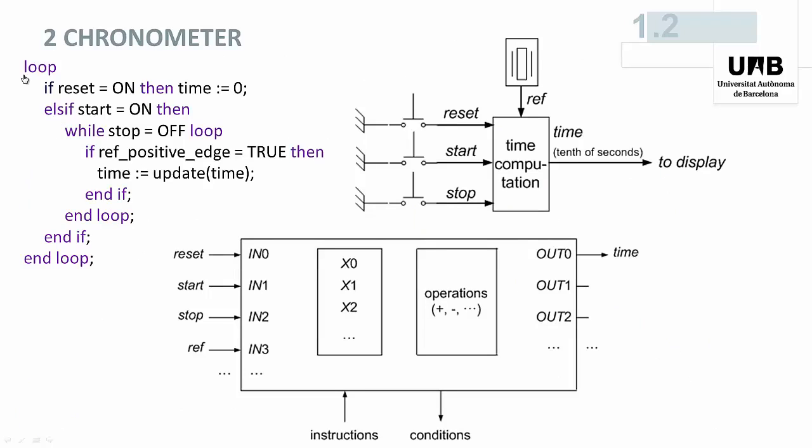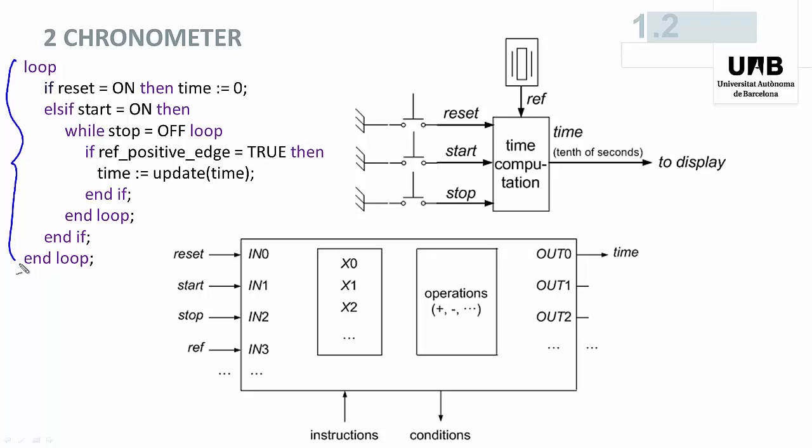The second example is a chronometer defined by the following algorithm. We will assume that our system generates the output time under the form of a number of tenths of seconds, and that another circuit will transform this information to a number of hours, of minutes, of seconds, and of tenths of seconds.